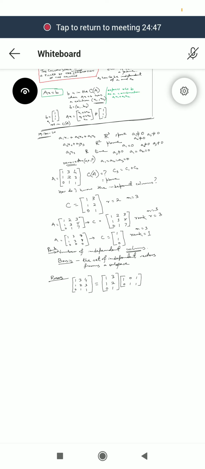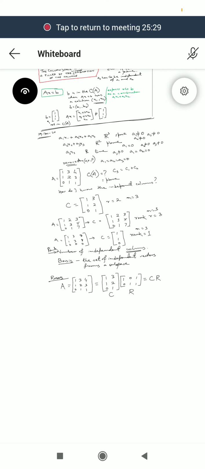Can I write it in this way? A is equal to this. Here I am writing the columns, that is the C matrix. Here I am writing another matrix, that is the R matrix, so to say A is equal to C times R. And obviously they conform with matrix multiplication: 3 cross 2, 2 cross 3, answer is 3 cross 3.